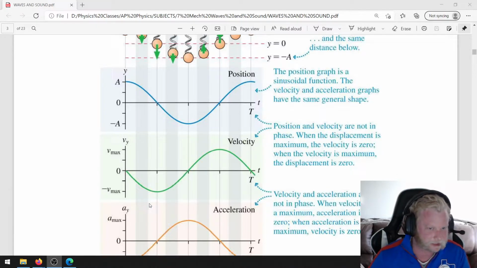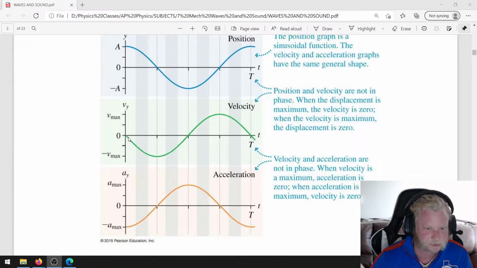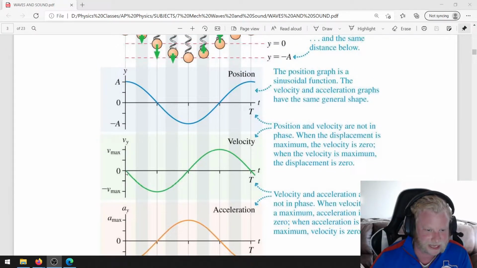And you've got to look at what direction it's moving. So in this case, notice that if this is our positive direction and this is our negative direction, this is moving from positive and it's moving in the negative direction towards negative A, right? Which means that its velocity is in the negative direction, which is why you have this negative velocity peaking here, right?